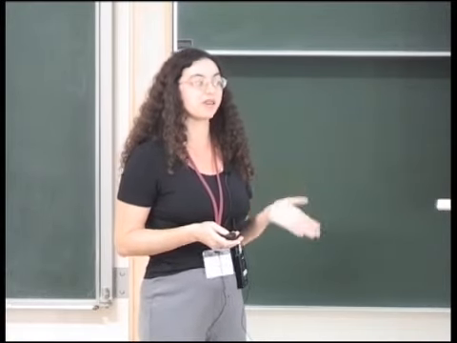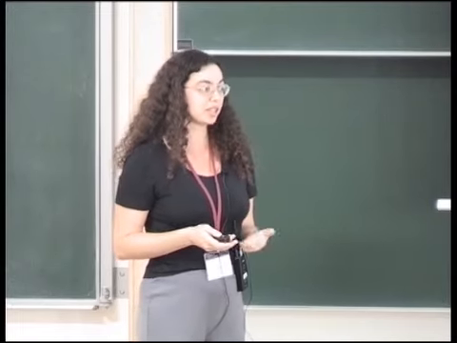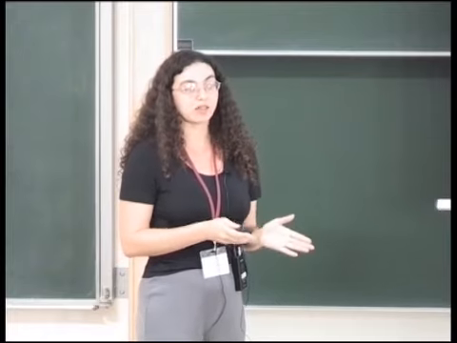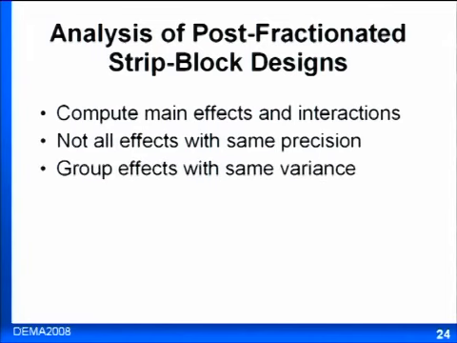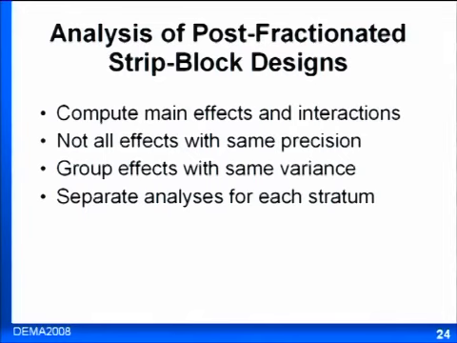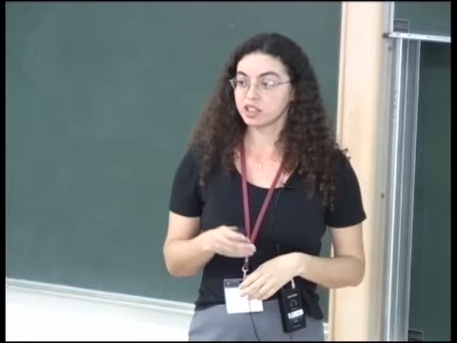So we need to identify each stratum, which effects will be associated with each stratum, given that each stratum has a different variance. And we have to group these effects with the same variance, because we are in the scenario of an unreplicated design. So we're going to do the analysis with normal probability plots, for example. And you can conduct separate analysis for each stratum.